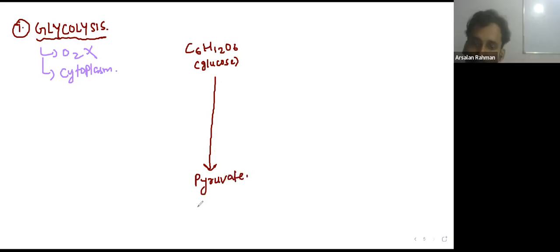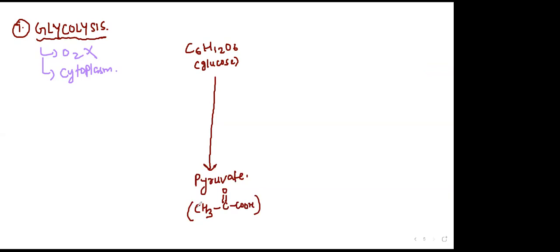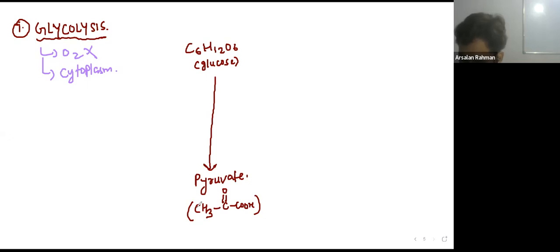Let me write it down for you. The formula for pyruvate is CH3, C double bond O, COOH. This is pyruvate. Can you tell me the molecular formula by looking at the structure?